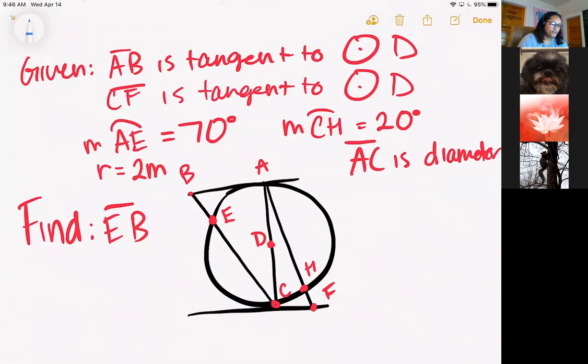The measure of arc CH is 20 degrees. The radius is 2 meters and AC is the diameter, and we are asked to find EB. Think it over for a hot second, and then let me know if you have any ideas.